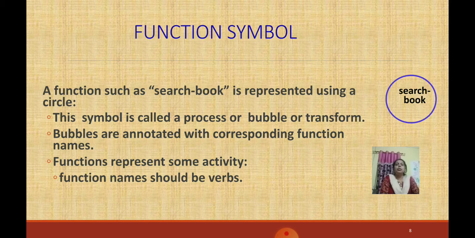For example, searching of a book: search book is a function and that can be represented through a circle. Bubbles are annotated with the corresponding function name. A function represents some activity, and the function name should be a verb. So all the activity of the system is a function, and the function is represented through a circle.